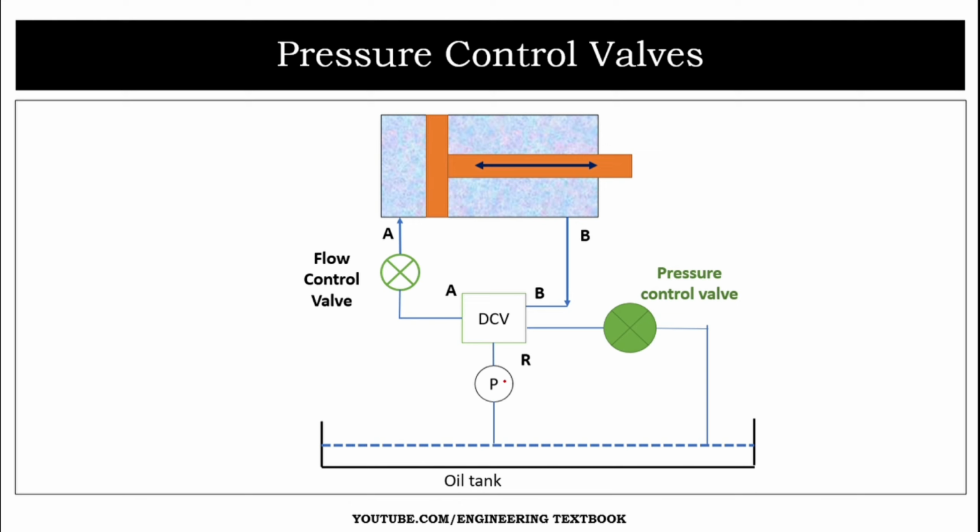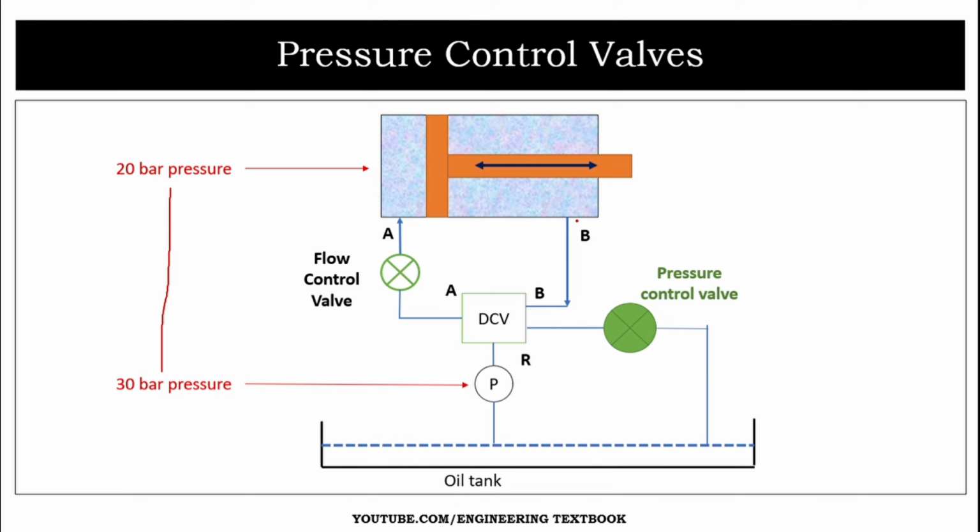The pump creates higher pressure. Suppose a piston pump in a hydraulic circuit creates 30 bar pressure. The actuator in the circuit, the cylinder piston arrangement, can operate at 20 bar pressure. Then we must reduce the oil pressure from 30 bar to 20 bar for that particular actuator.